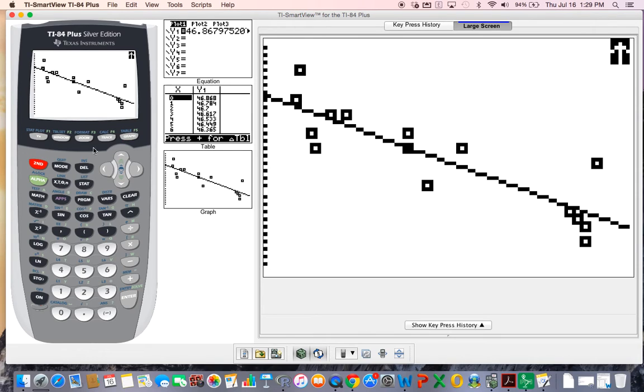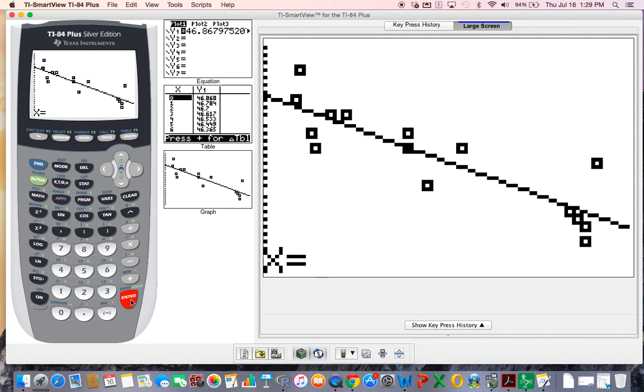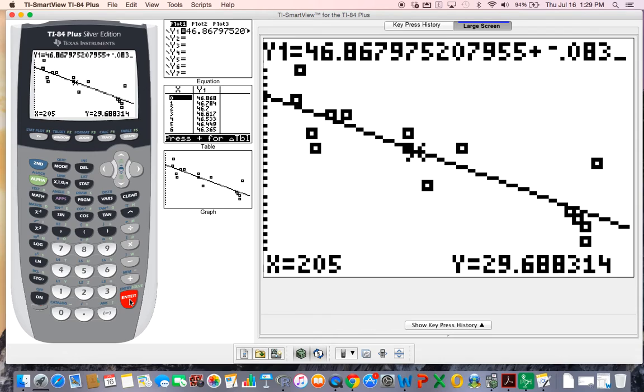So if I go second function calc and go to value and just type in the 205, it will give me my predicted value. Right down here at the bottom, it'll have Y equals 29.69.